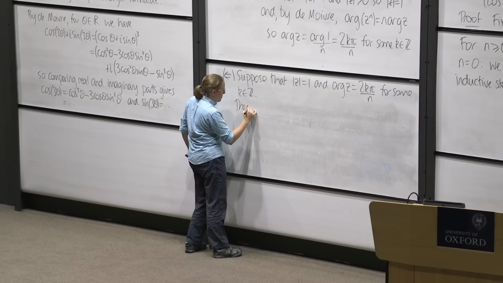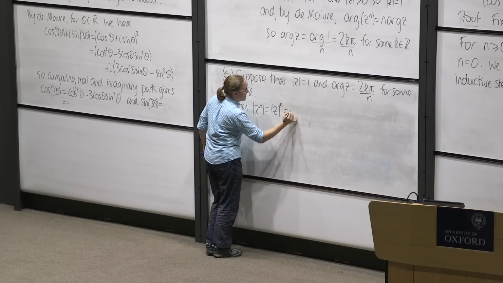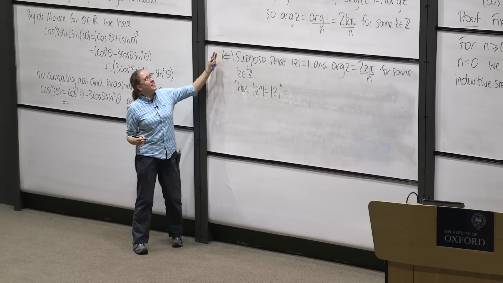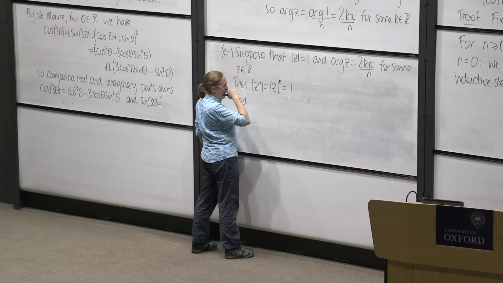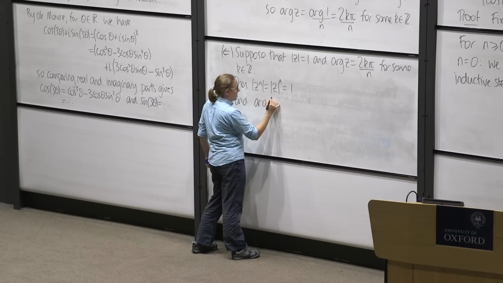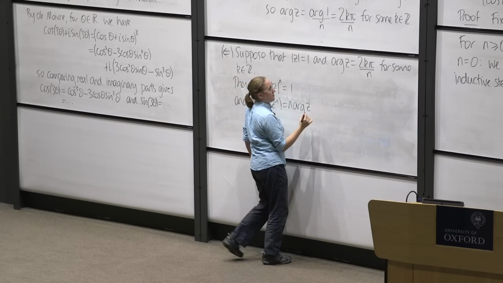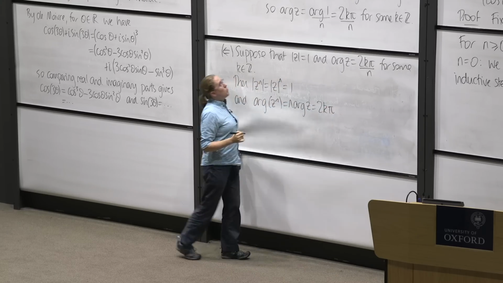So then what can we say about the modulus of z to the n? Well, the modulus of z to the n is 1. We like modulus. Modulus works out really nicely. And also, the argument of z to the n is n times the argument of z, which is 2k pi. So what's that telling us?